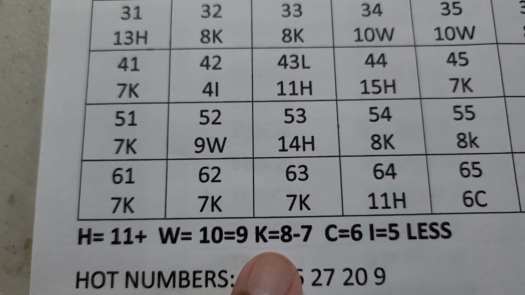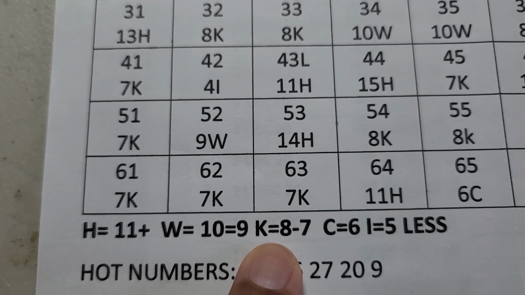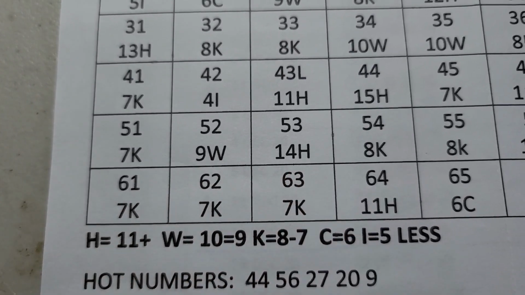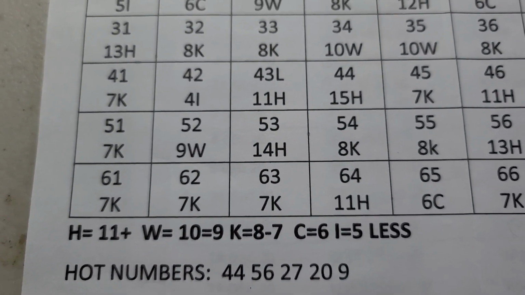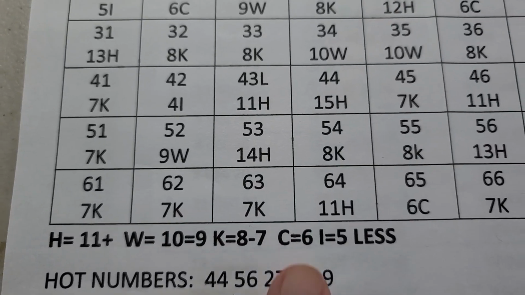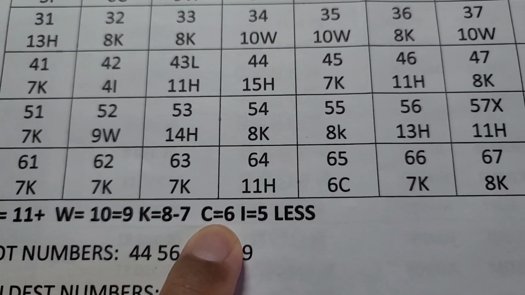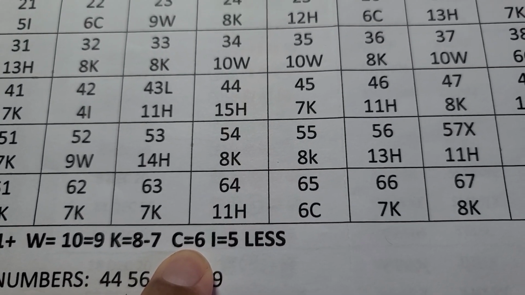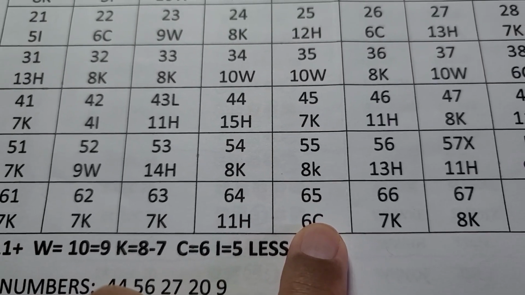Next frequency down is K. These are numbers that appeared between 7 and 8 times. And right here we have 3 in a row, 61, 62, and 63, all K designation. C is cold. These are numbers that are cold, appearing only 6 times. And 65 is an example right here.